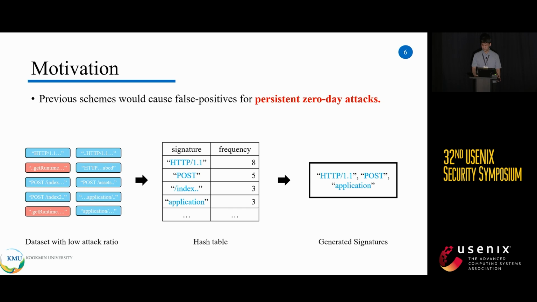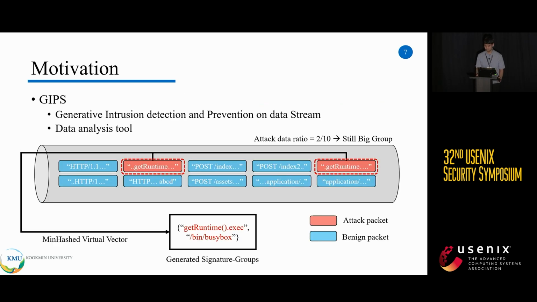Previous work cannot generate proper attack signatures because the normal payloads appear most frequently. To solve this problem, we developed GIFs that can identify attack payloads as a big group, even when the group rate is as small as 0.001. This is a big improvement because previous schemes work fine only when the attack ratio is very high.